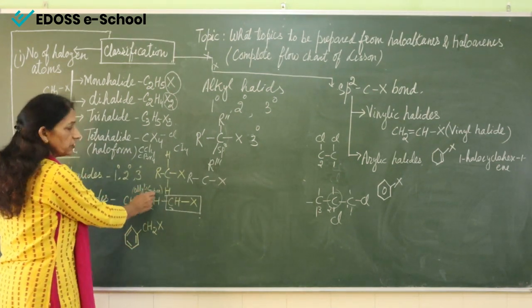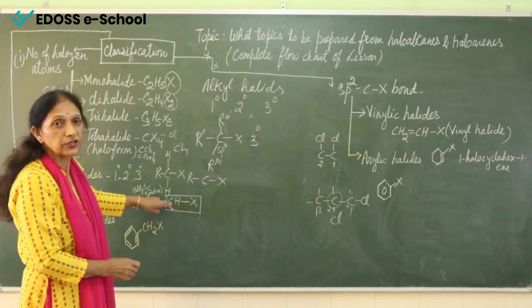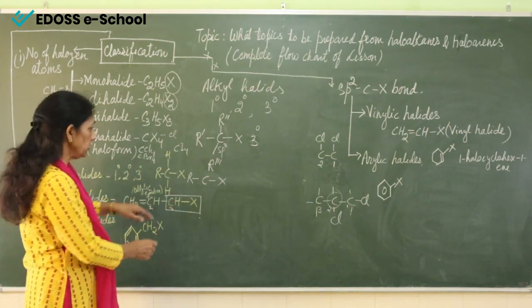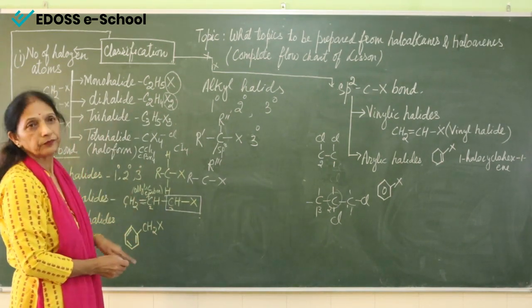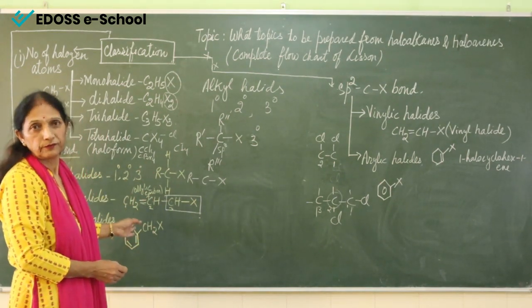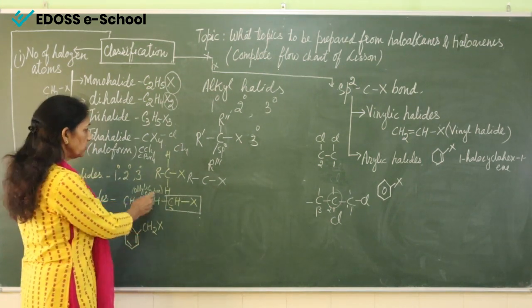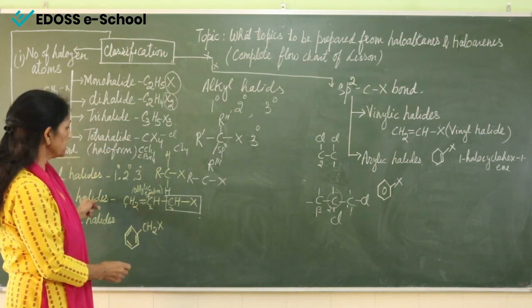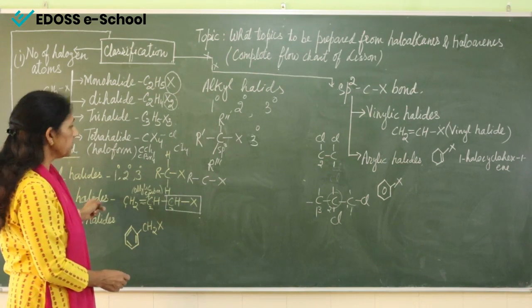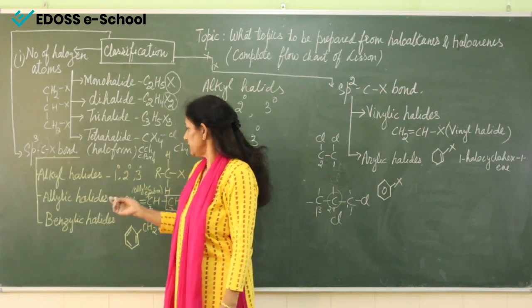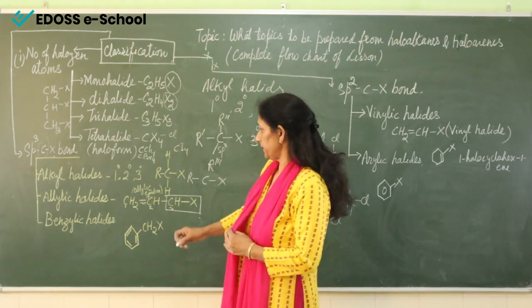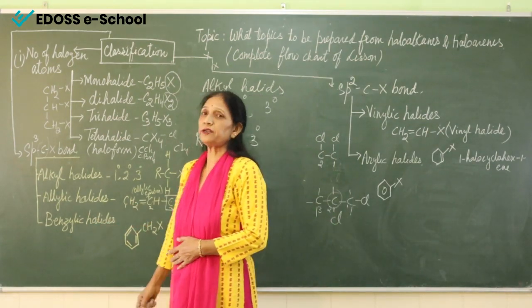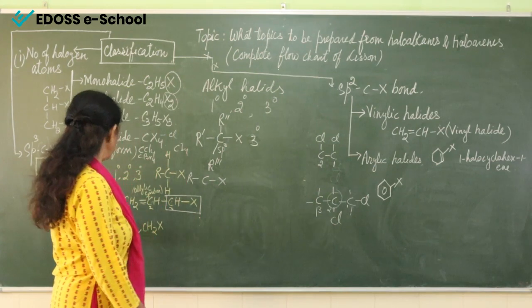So in such an example, the sp3 hybridized carbon is attached to a carbon atom which is already having a double bond. That type of halides are known as allylic halides because they are attached with allylic carbon. This carbon is known as allylic carbon. And the third type is benzylic halides.